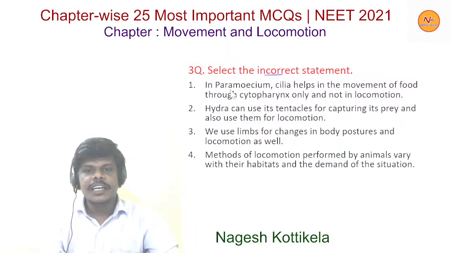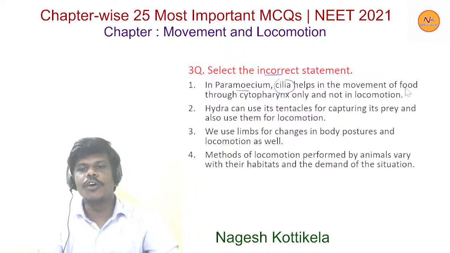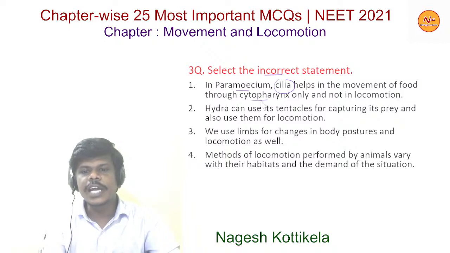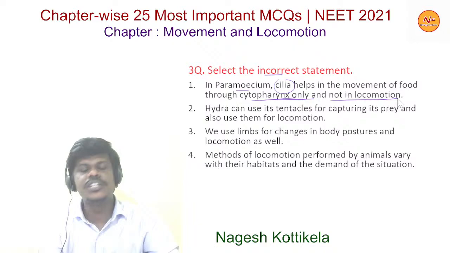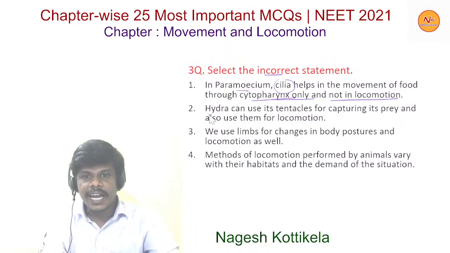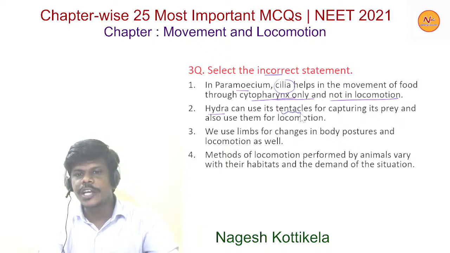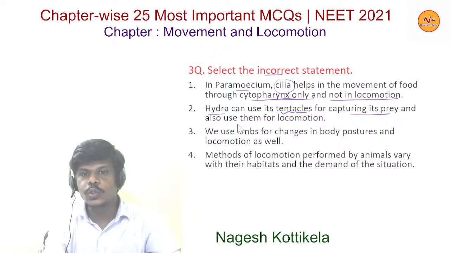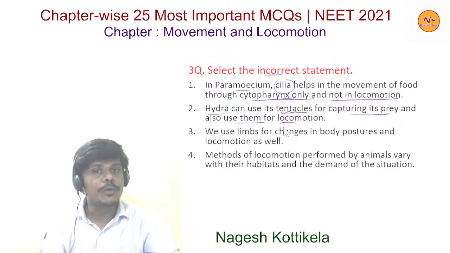Option 1. In paramecium, cilia helps in the movement of food through cytopharynx only and not in locomotion. Option 2. Hydra can use tentacles for capturing its prey and also use them for locomotion.